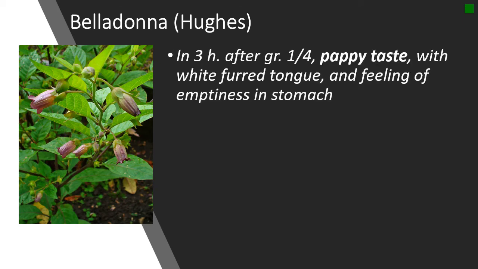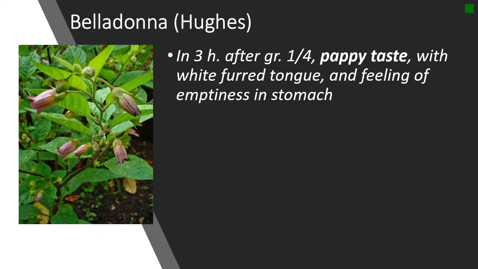If you refer to this book, it says here that the prover, 3 hours after taking a quarter grain, had a pappy taste, which means a distorted taste in his mouth, with white furred tongue and feeling of emptiness in the stomach.